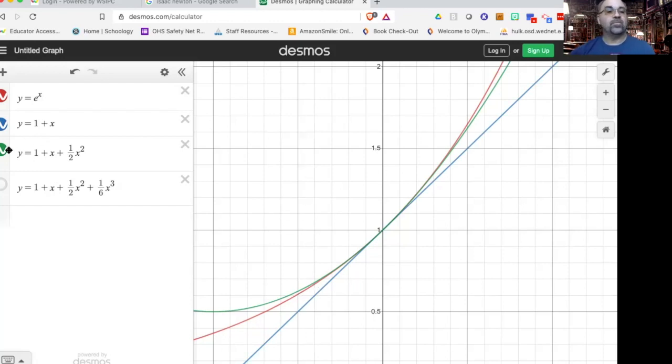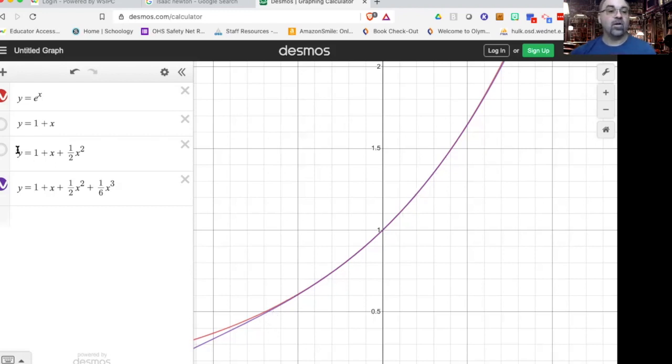Now I've taken the liberty to go ahead and find the third degree polynomial. I will spare you the solution for that because it does involve a 4-variable system. But here we go, and look at this purple one. As we go towards the top, it's indiscernible from the red line up here. So we can get a lot farther away from that point where I wrote the equation, and still have a really good match.